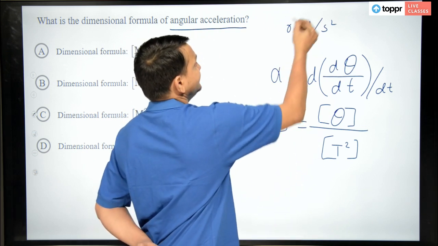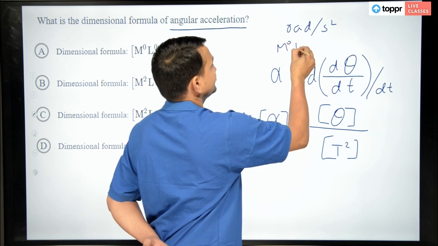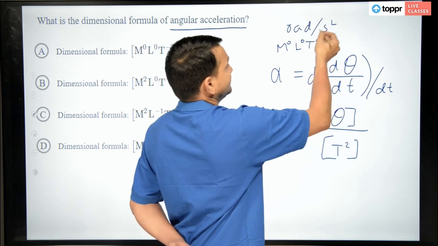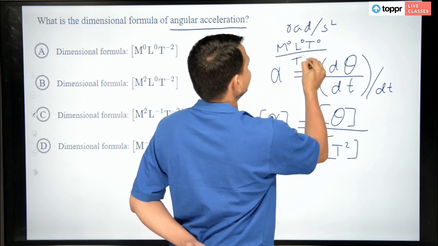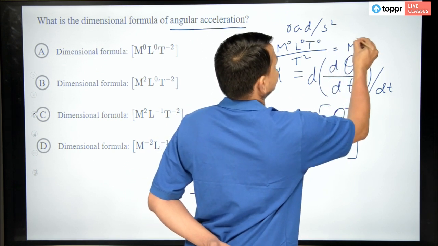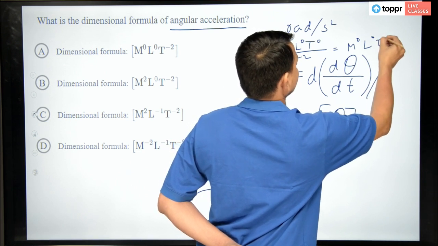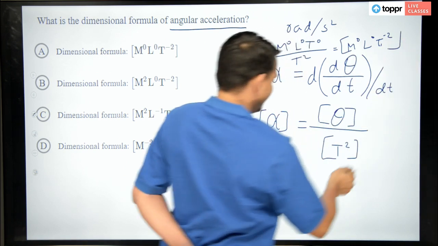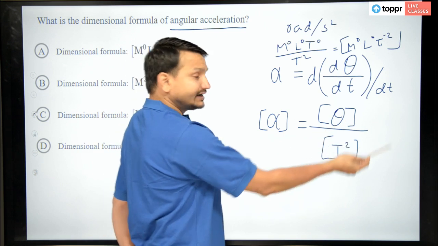So we can say that this is nothing but M to the power 0, L to the power 0, T to the power 0, and the time would be simply T square. That would get us M0 L0 T inverse square. So here also this is giving the same thing, angle having no dimension.